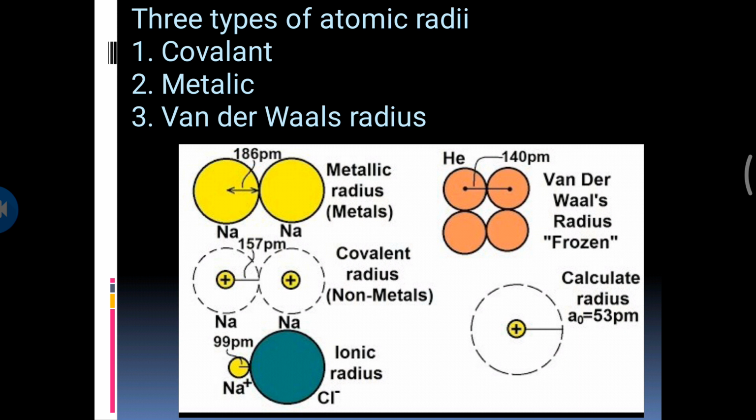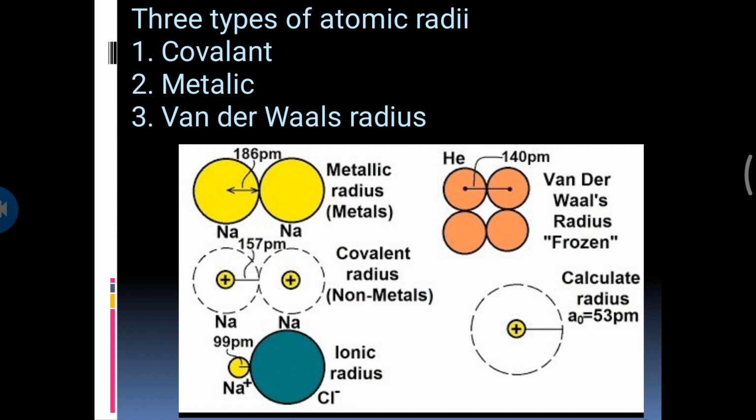There are three types of atomic radius. First is the covalent atomic radius, second is the metallic radius, and third is the van der Waals radius. First, covalent radius. What is a covalent bond?